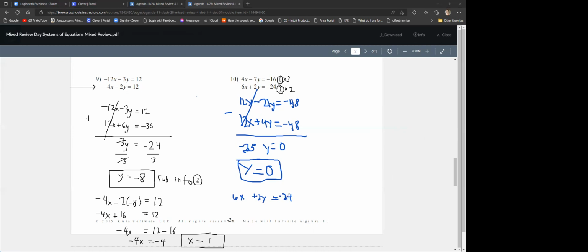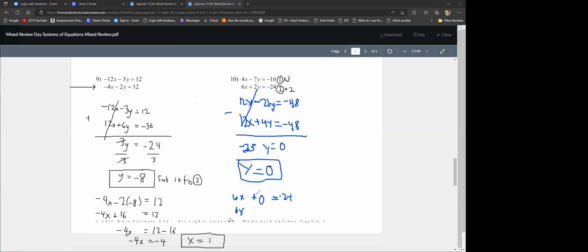6x plus 2y. Remember, y is 0 though, right? Now just solve for x there. So 6x equals negative 24. Do I have this written right? Yes, just keep going.